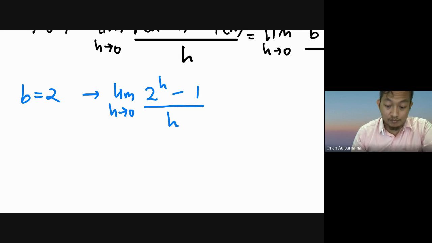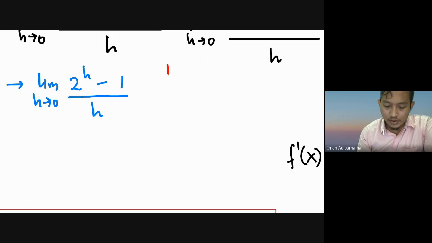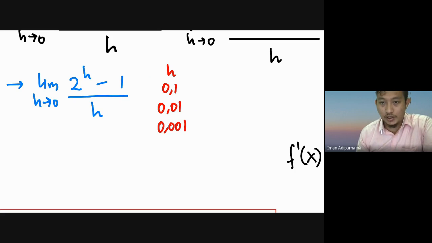We can have several numbers in a table. We start from h is 0.1, 0.01, 0.001. We can try that, and then calculate. Let me just write the results.